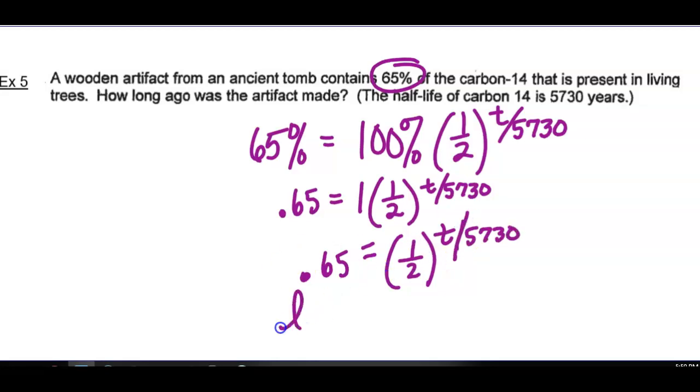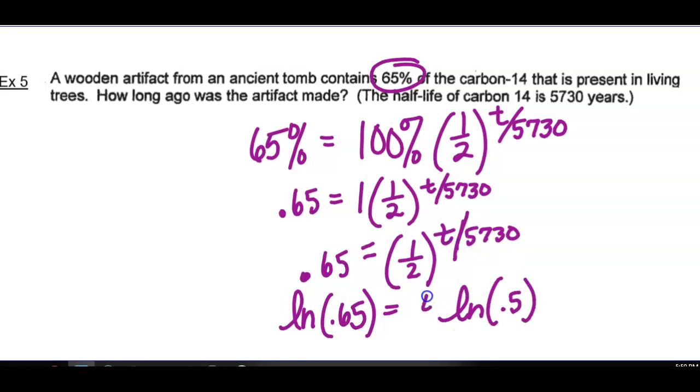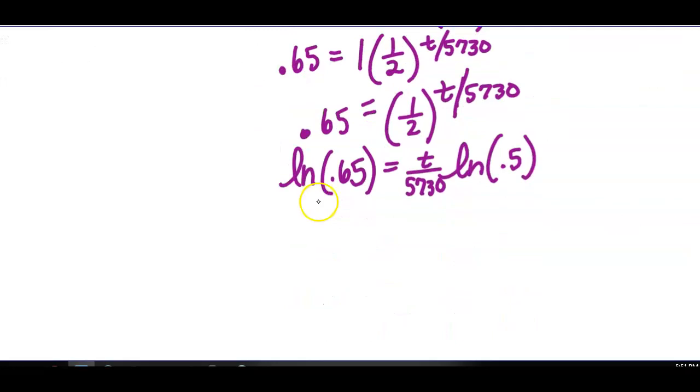Then we're going to take the log of both sides, and it doesn't matter what kind you do. And this guy comes out in front. Then I'm going to divide both sides by the log of 0.5, because I'm trying to isolate t. Whoops, that's just 0.5.